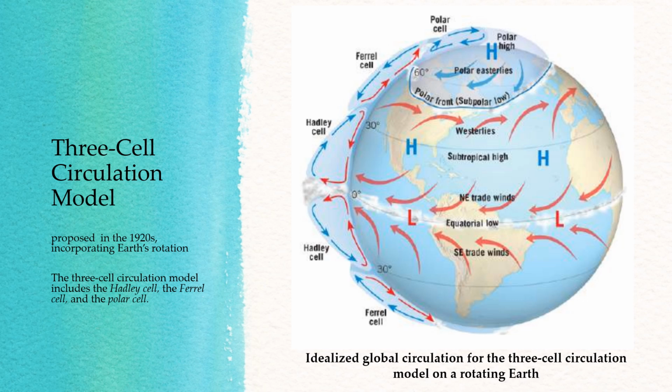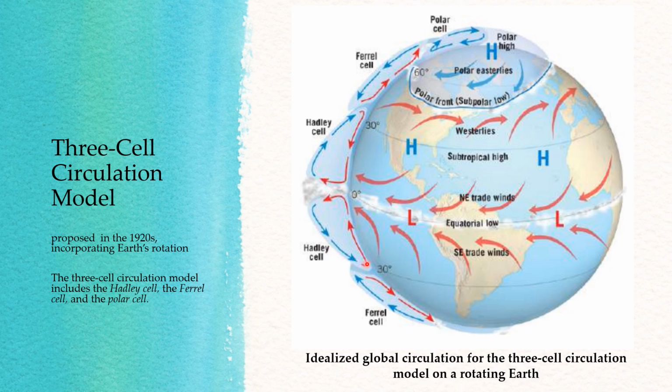It is better shown in this illustration of the idealized global circulation for the three-cell model on a rotating Earth. You can see that this is the Hadley cell, this is the Ferrel cell, and this is the polar cell.